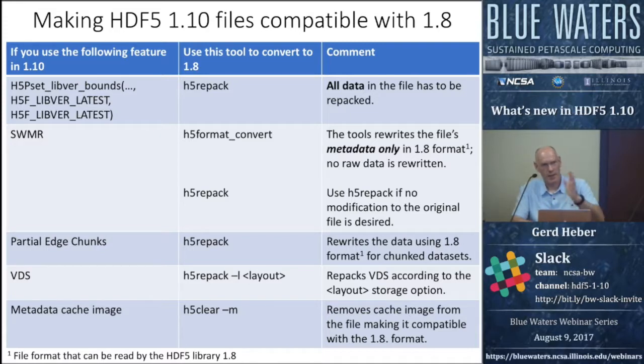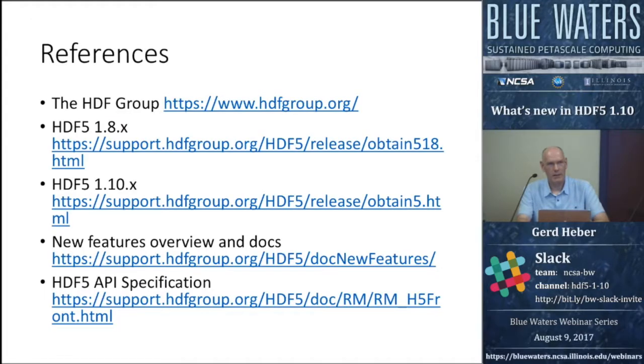So I think there is a table like this online available, and you can see references from the URLs that I listed here. So our homepage, hdfgroup.org, shouldn't be a surprise. The release-specific information for the 1.8 family of releases can be found at the URL listed here. Likewise for 1.10.